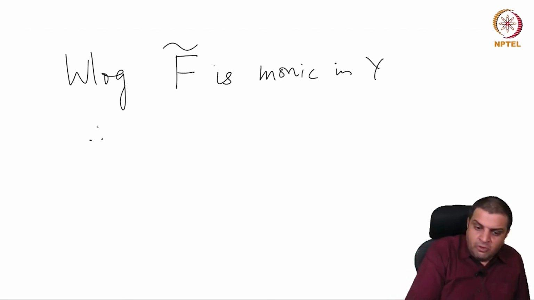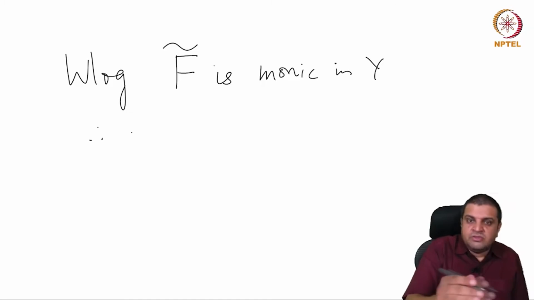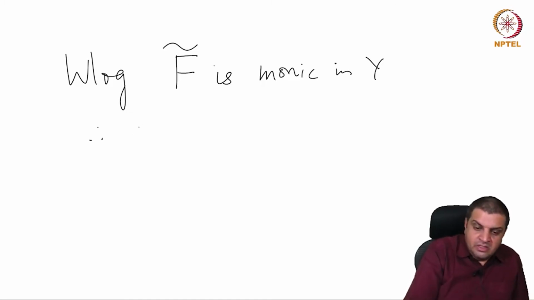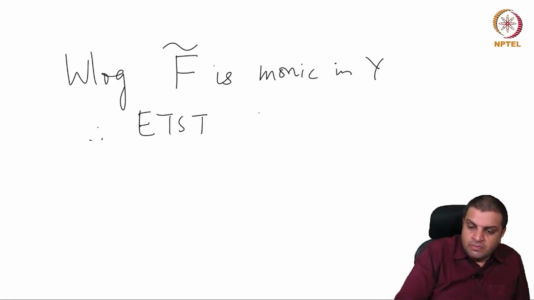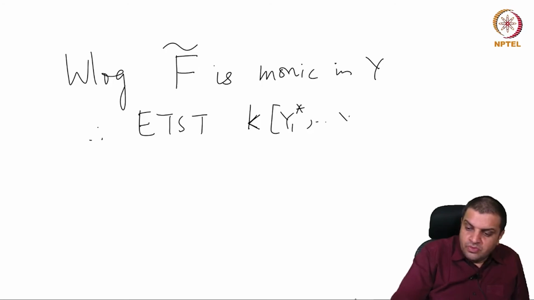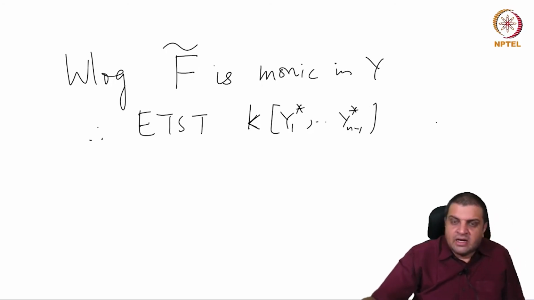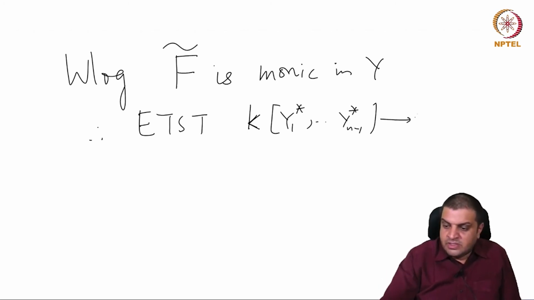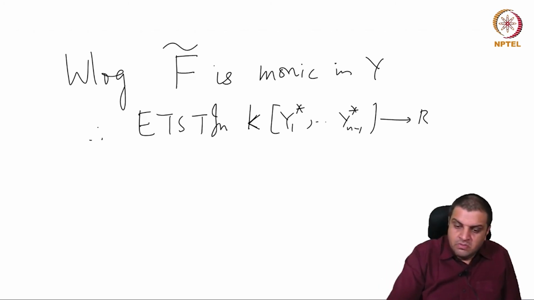So by transitivity of finite morphisms, it's enough to show that the subalgebra generated by n minus 1 elements, this one's image inside R, satisfies the statement.